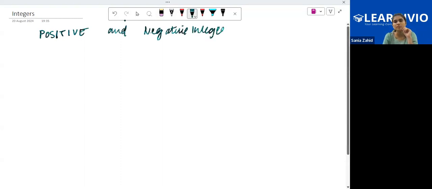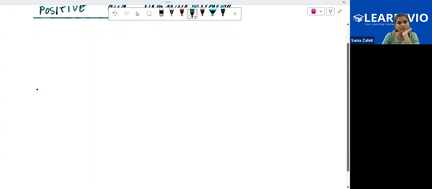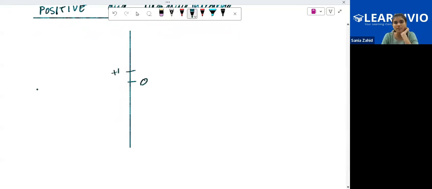So in the previous class also, I told you to consider a temperature scale. If you consider the marking as 0, and then if you go above, you have positive temperature like +1 degree Celsius, +2 degree Celsius, +3 degree Celsius, +4 degree Celsius. That means if you're going up, you have all the positive numbers.